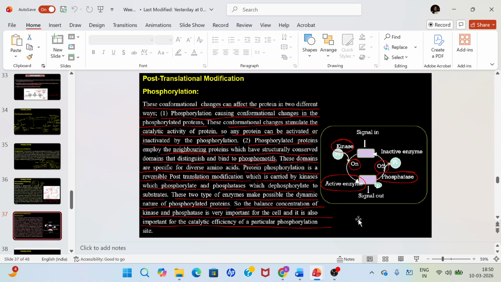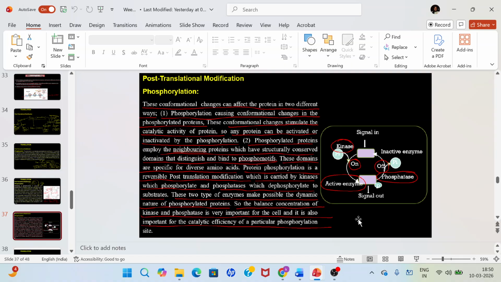So any protein can be activated or inactivated by phosphorylation. Phosphorylated proteins recruit the neighboring proteins which have structurally conserved domains that distinguish and bind to phosphomotifs. So these act as a recognition signal also. These domains are specific for diverse amino acids.